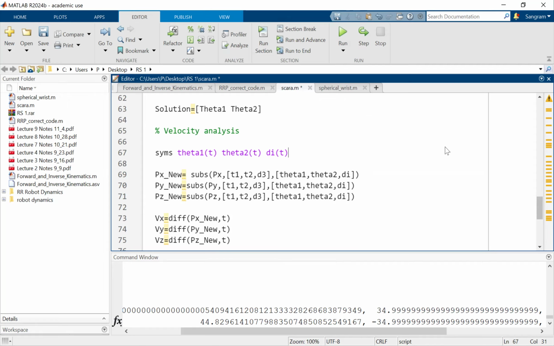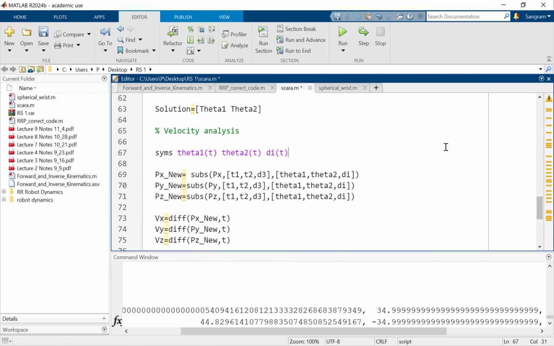Symbolic variable theta1 in the parenthesis t means that it depends upon t. Symbolic variable theta2 in the parenthesis t means theta2 depends upon t. And d3 in the parenthesis t means MATLAB now knows that d3 is a symbolic variable that depends upon t.